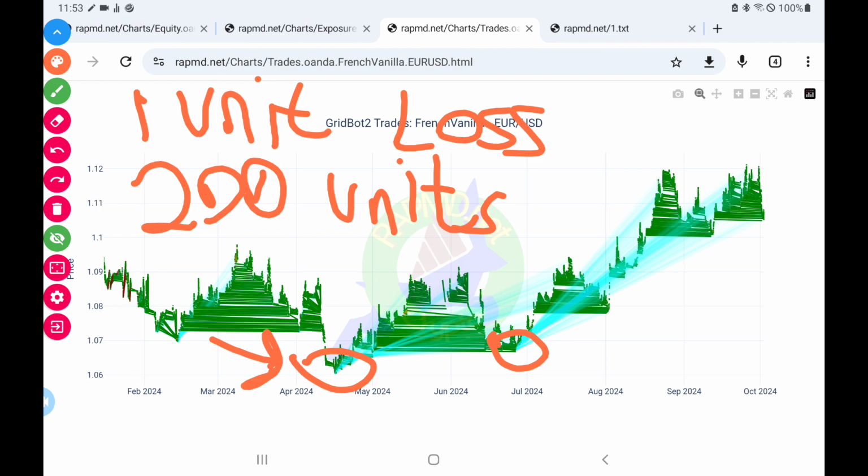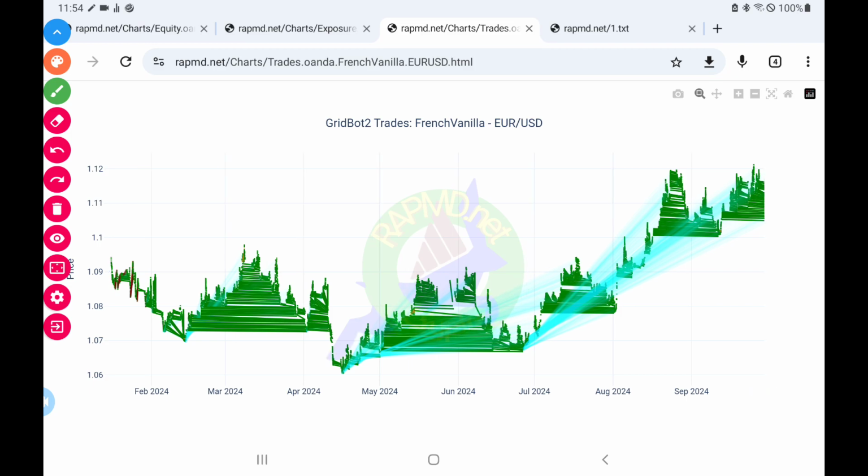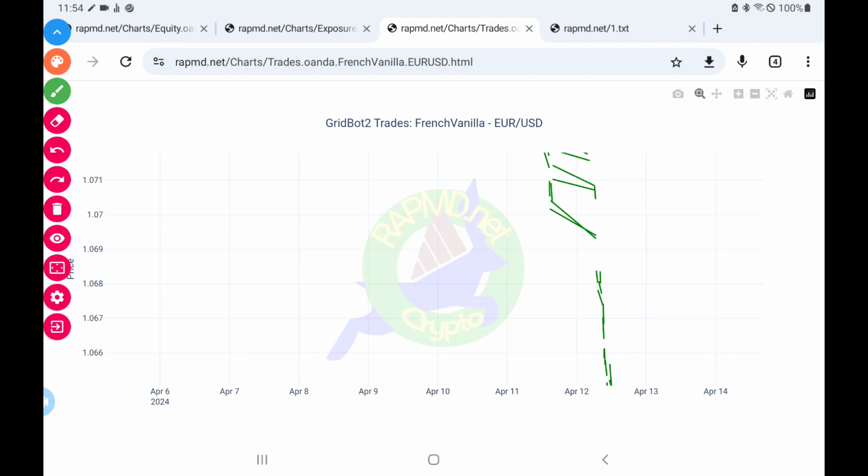Now that doesn't mean that the market can't move to the point that I might still end up with a hard stop loss. But by using this kind of technique, I am mitigating those losses drastically. Let's see if I can zoom in to one particular area and actually go through and get a close-up.